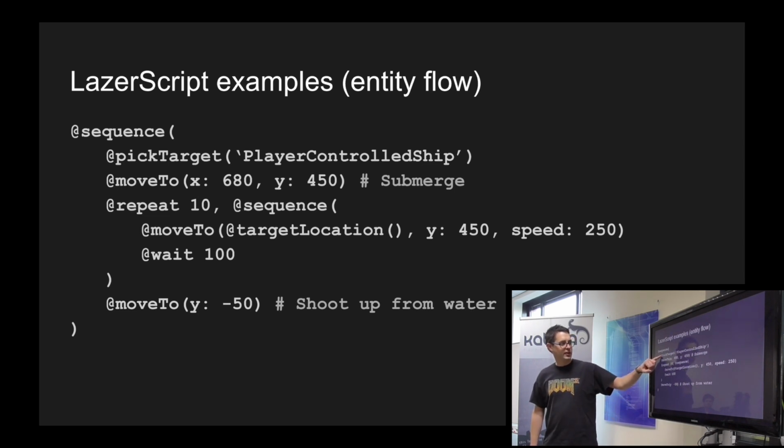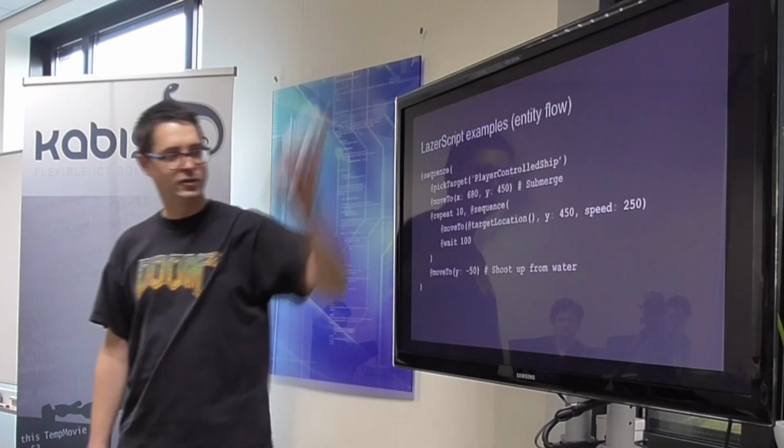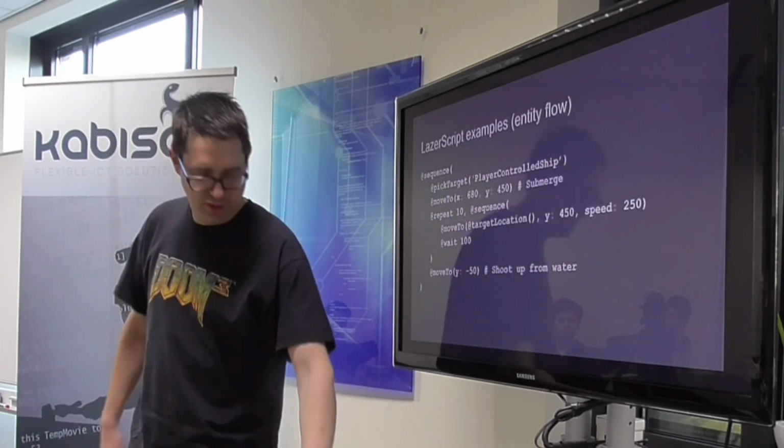You can pick a ship, and then he moves, just the first steps, he moves underwater out of the screen, and then he just moves to your location underwater, and when he has done this 10 times, it's following you around, and when he doesn't need to move, it's faster because the time of traveling is not needed, and then he jumps out of the screen and hopefully hits you.